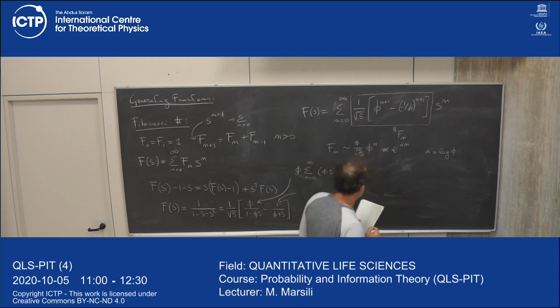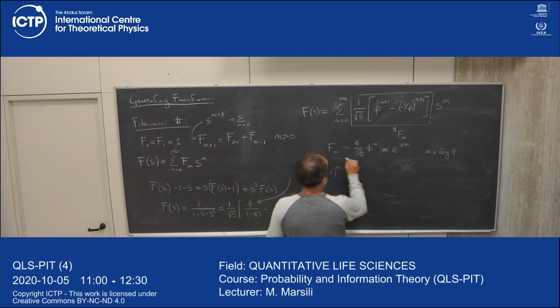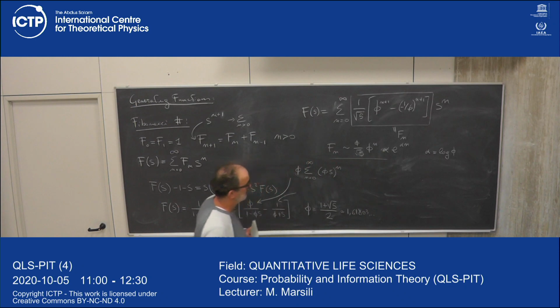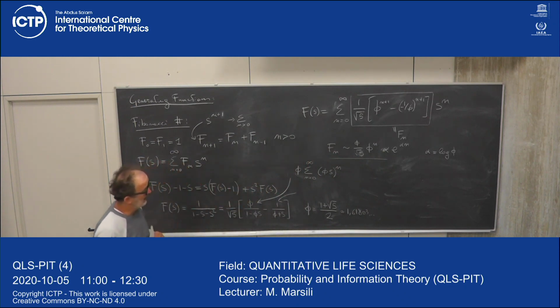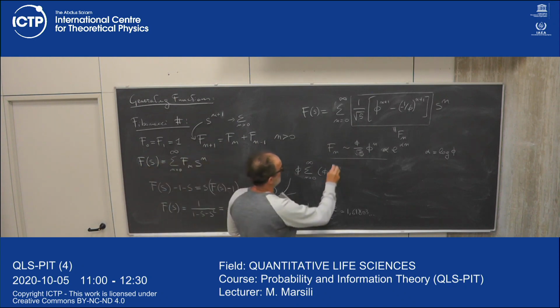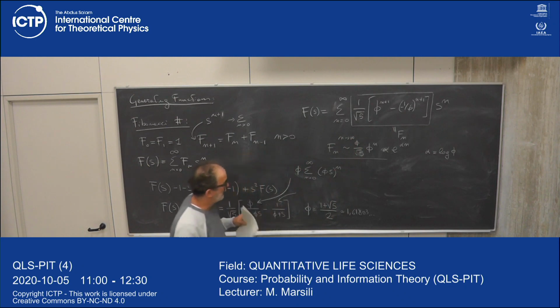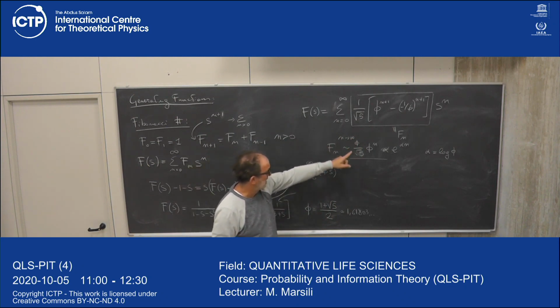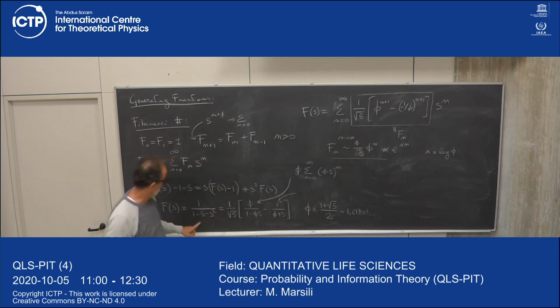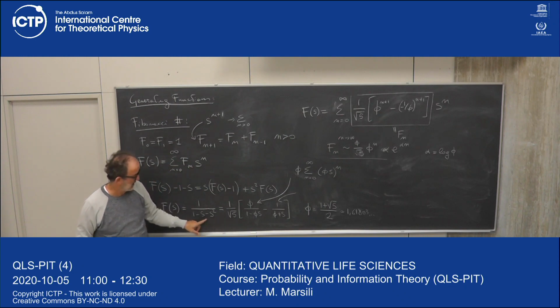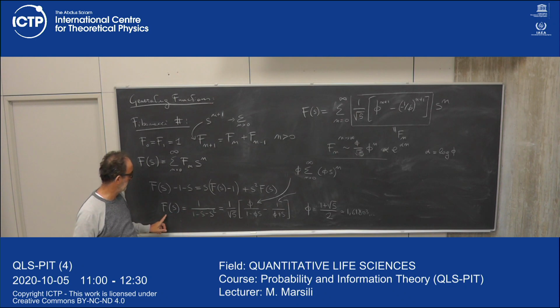Now if you look carefully at what we have done, we have seen that the asymptotic behavior for n going to infinity is related to the singularities of the generating function.